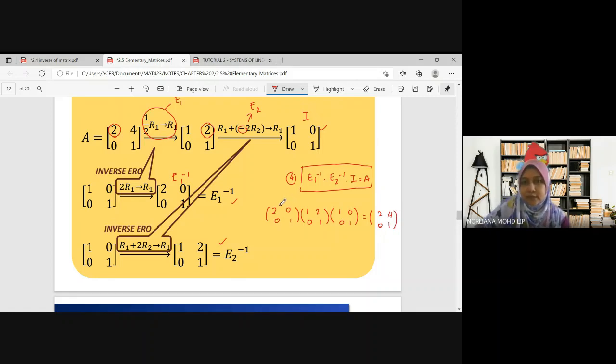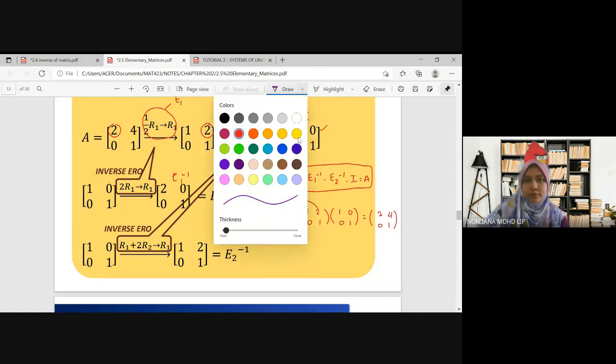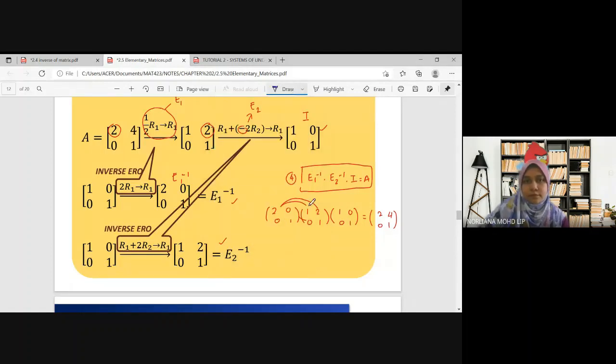Darab dah ni. Akan dapat proven. Darabkan dengan ni akan dapat balik sama kan.